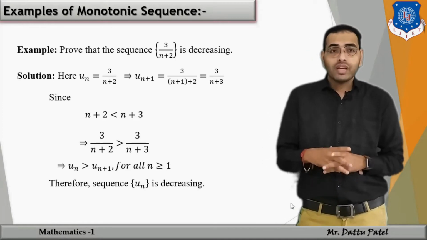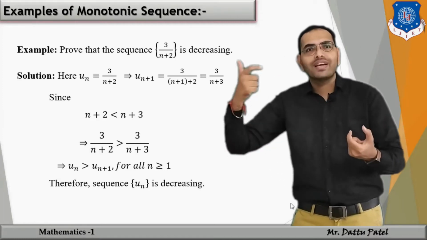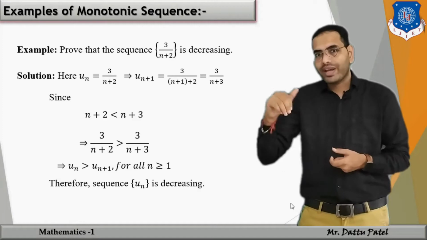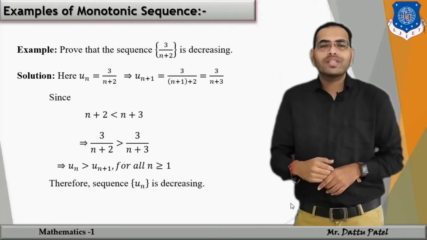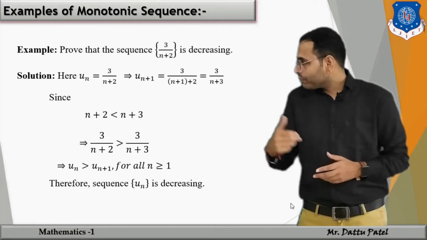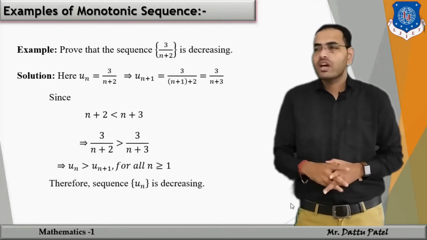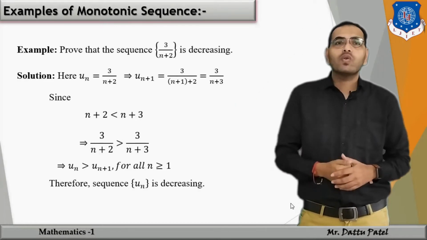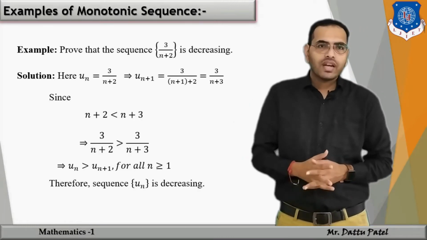Here the denominator n plus 2 is obviously less than n plus 3. Taking the reciprocal, 3 by n plus 2 is always greater than 3 by n plus 3. That implies u_n is greater than u_(n+1) for all n greater than or equal to 1. Therefore our sequence is decreasing.